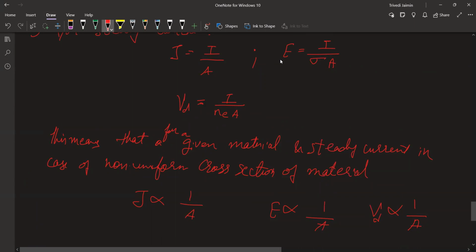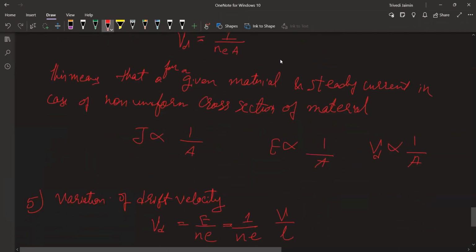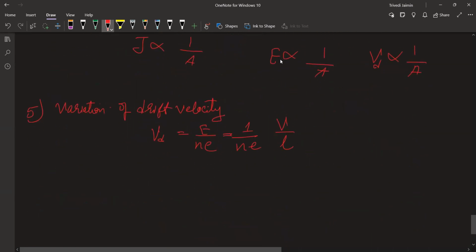V, E, and J, they all are inversely proportional to area. I is common for all, so let it be. If you have written already, then don't strike out, just make it equal to or proportional to 1 by A. You can change accordingly.